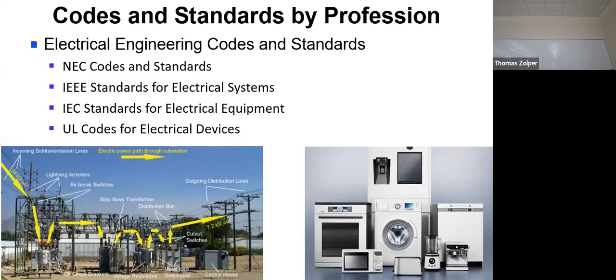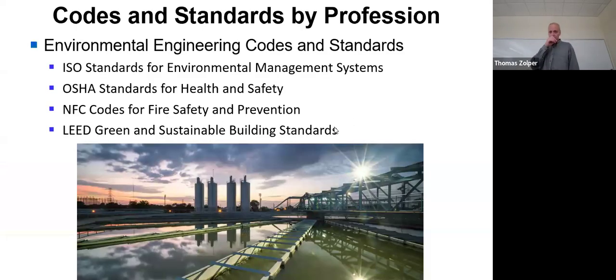Some of you, if you look on a lot of your electronic products, especially household items, you'll see little UL certifications on those. And periodically we do electromechanical projects in this class, and we have to ensure they're UL certified, depending on where they're used and what their power draw is. Likewise, environmental engineering: international standards organizations, Occupational Safety and Health Administration, National Fire Code.